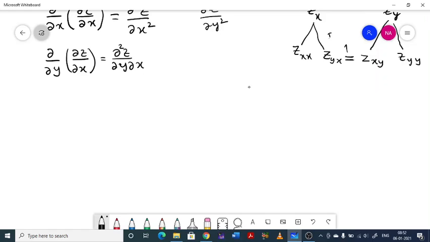If z is a continuous function, then z x y will be the same as z y x. Otherwise, they may or may not be equal. For your course, usually we will consider only continuous functions. So, generally we say that z y x will be equal to z x y.